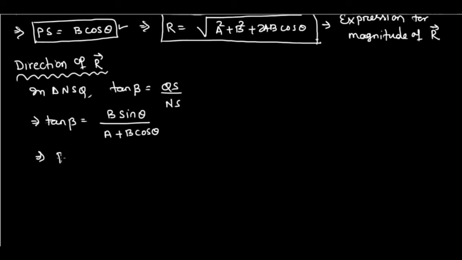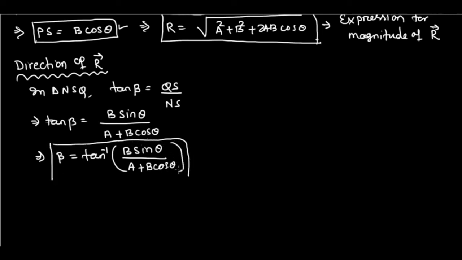That implies beta is equal to tan inverse B sin theta by A plus B cos theta. So students, we had got the exact same expression for beta using the triangle's law of vector addition. So remember that you can use any one of the laws.